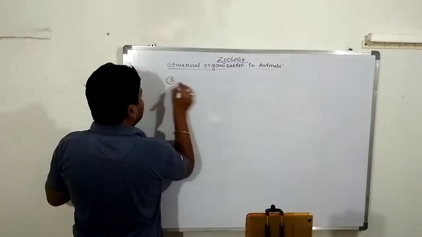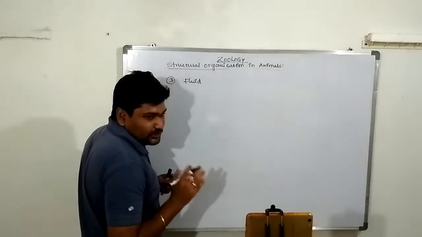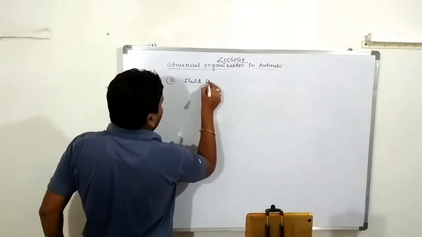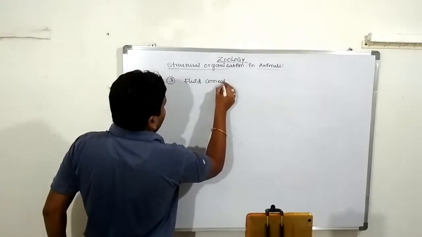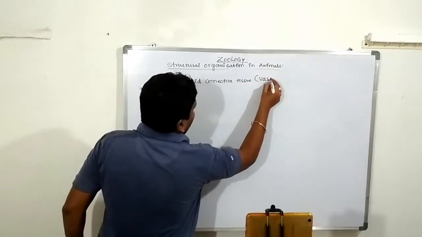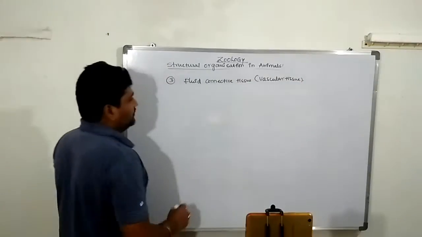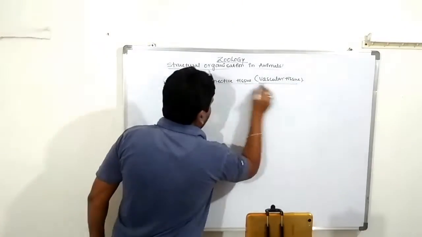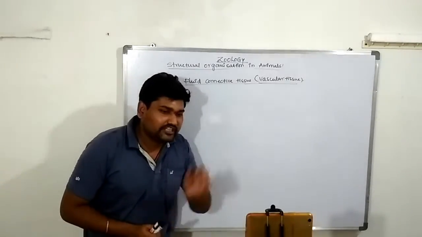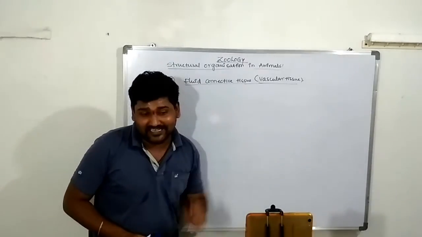The third tissue is the fluid connective tissue, also called vascular tissue. Vascular is nothing but blood.